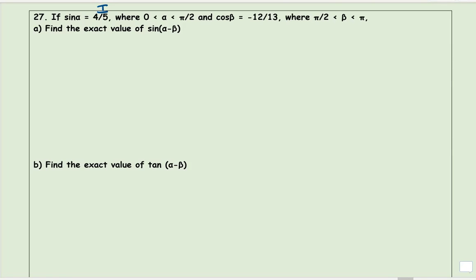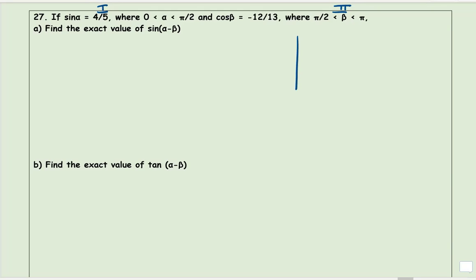Okay, and it's between pi over 2 and pi, so we know that this is in the second quadrant. So what we want to do is find the exact value of sine of alpha minus beta. Now, before you do this, I highly suggest that you sketch out what's going on here.